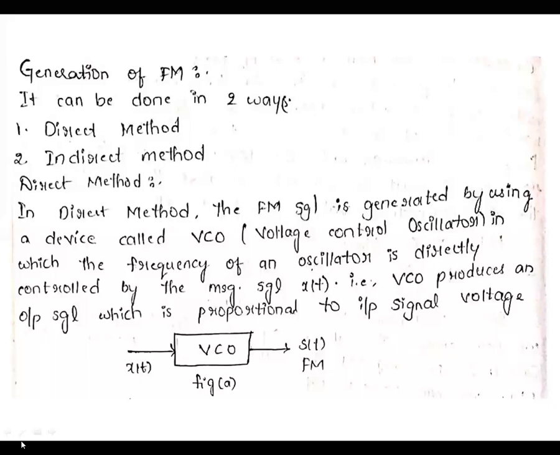In the direct method of generation, the FM signal is generated by using a device called a VCO, that is, a voltage controlled oscillator, in which the frequency of the oscillator is directly controlled by the message signal m(t).